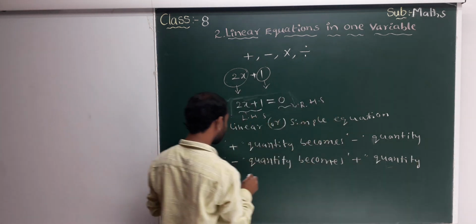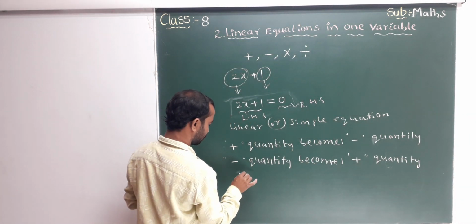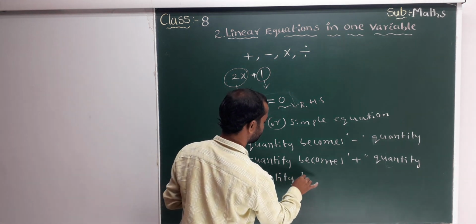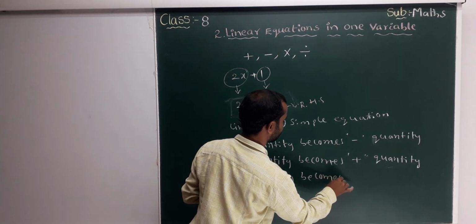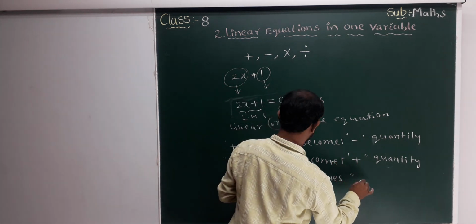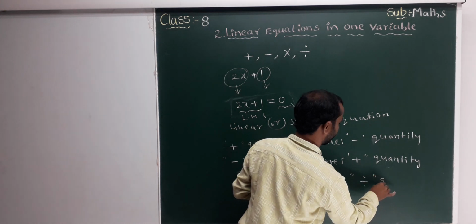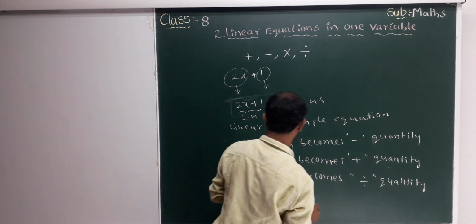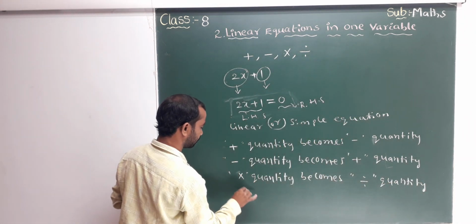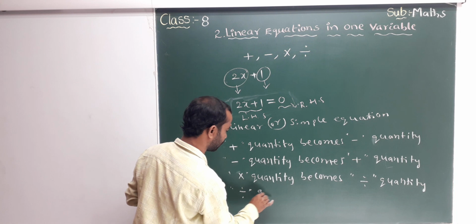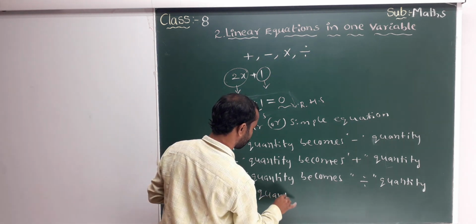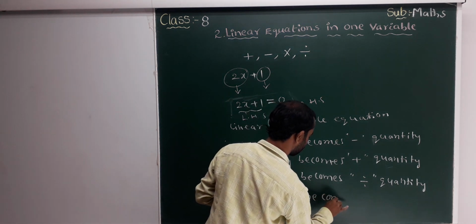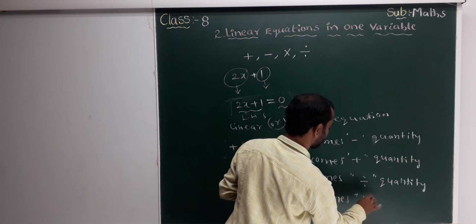Next, a multiply quantity will be changed into a division quantity. A division quantity becomes multiply.